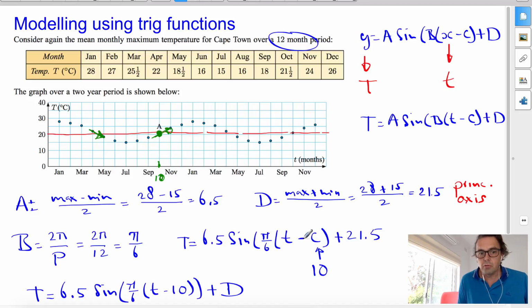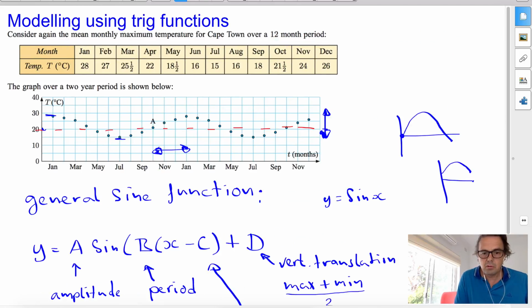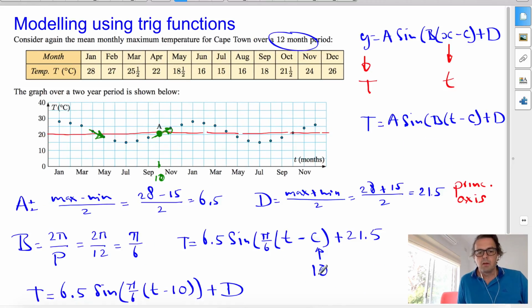So that's how you do the modeling. This is the function. We do negative c, not plus. Did I get that right before? Yeah, negative. So the value of c is 10, so it's take 10. Plus d, and I knew my d was 21.5, so write it in, 21.5. Finally, I got it.